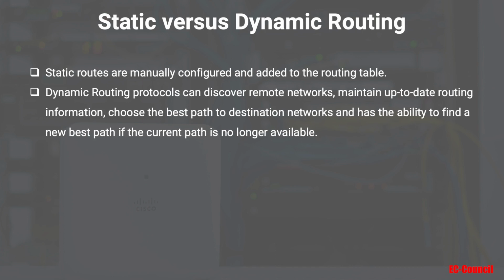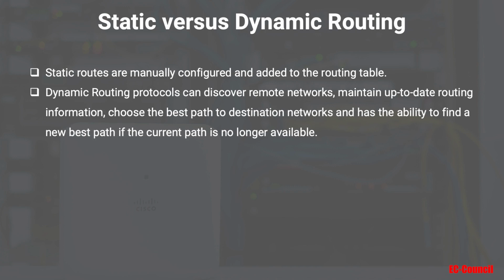So this means that if you insert a static route to a particular destination network, that path may not be the best suited path, but with a dynamic routing protocol, the algorithm within the protocol will choose the best path and install it within the routing table. Furthermore, dynamic routing protocols have the ability to find a new best path if the current path is no longer available.